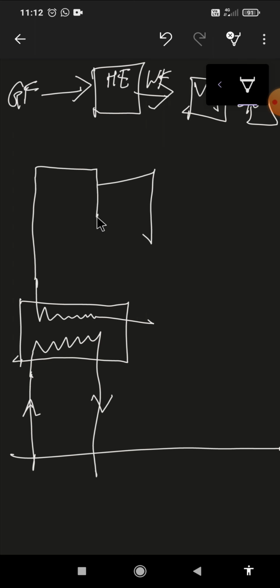Then this is passed through a turbine and it will provide electricity because it is connected to a generator.